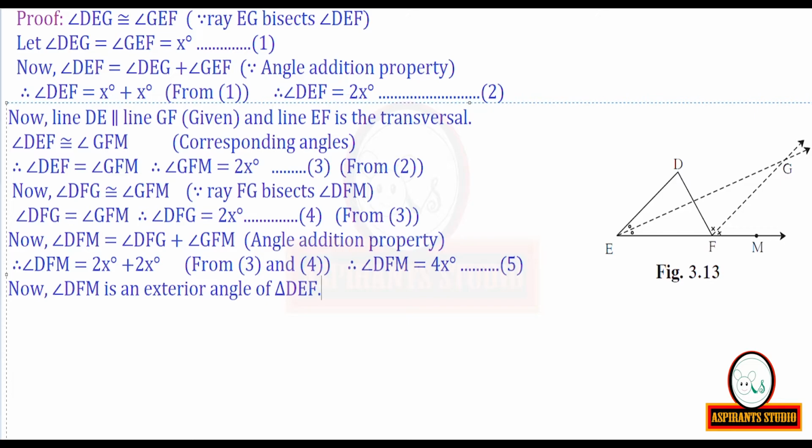So you can use the remote interior angles theorem and write measure of angle DFM is equal to measure of angle EDF plus measure of angle DEF.